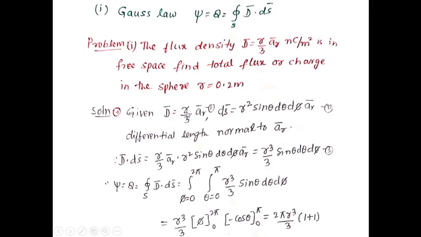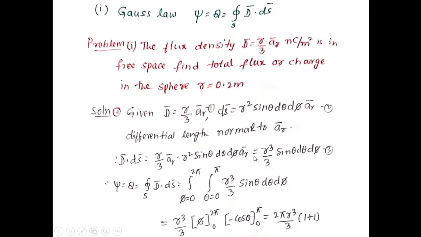So here, given D bar is equal to r by 3 ar bar, and ds bar in the spherical coordinate system is given by r square sin theta d theta d phi ar bar, the differential area normal to ar bar. Therefore D bar dot ds bar is the dot product of r by 3 ar bar dot r square sin theta d theta d phi ar bar.